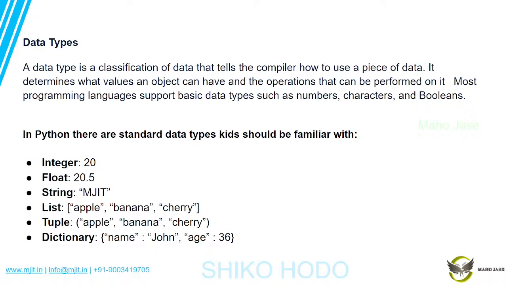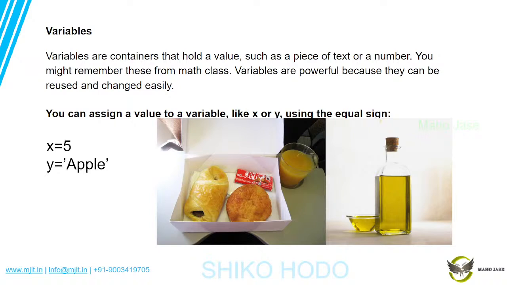If you see the bottom, these are the data types: integer, float, which is nothing but decimal, string, a list, which means a collection of strings, a tuple, and the last one is a dictionary, which means keys and values.